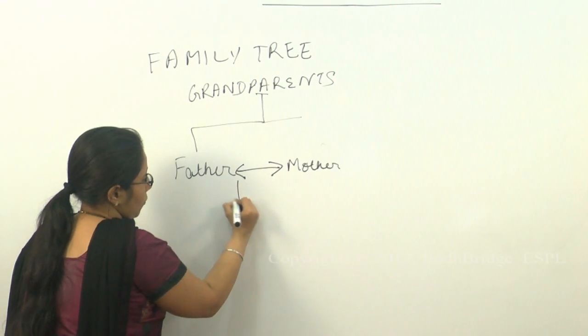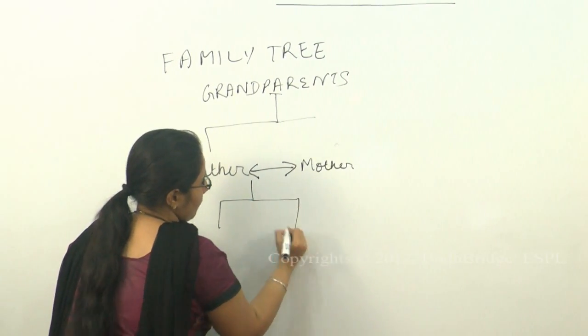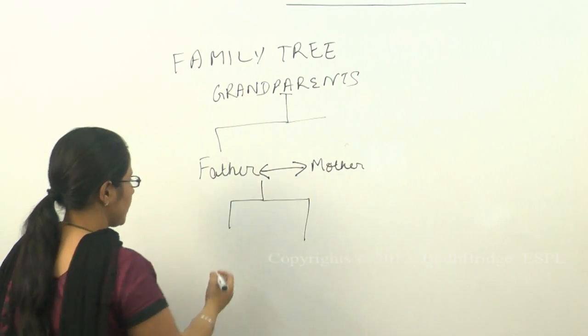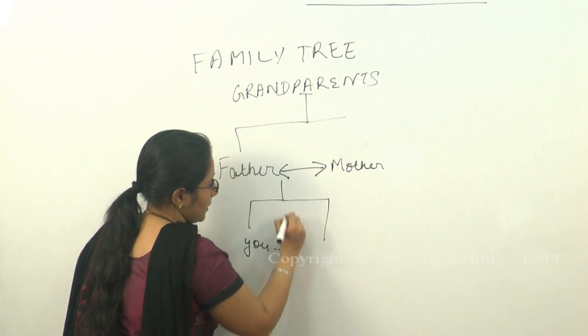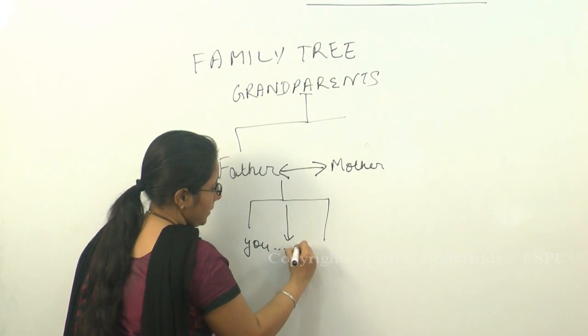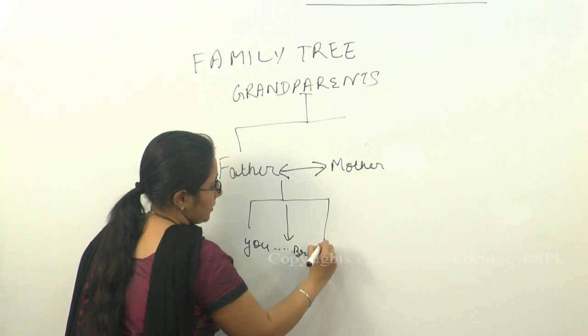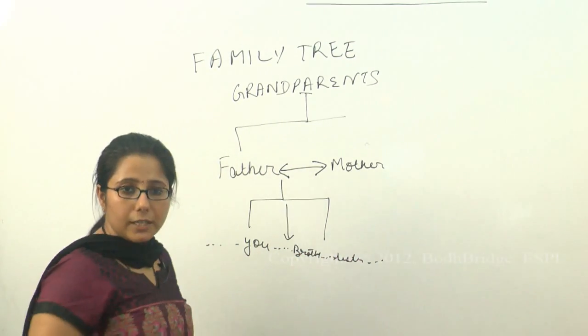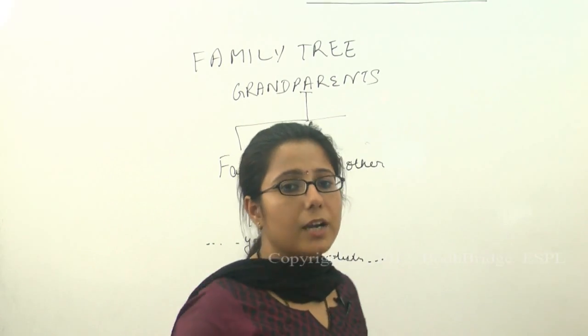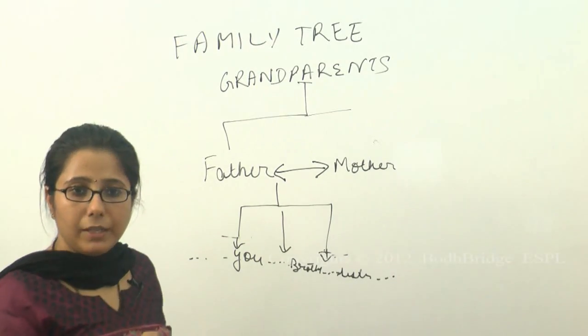Then how can you show the kids of your father and mother? That is, you and your siblings. Suppose it's you, then your siblings, that is your brother maybe, and your sister. You can show it by dotted lines or double arrows as per your convenience. Okay? Fine.